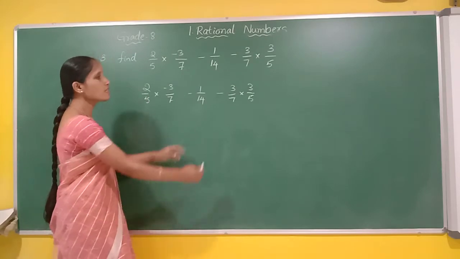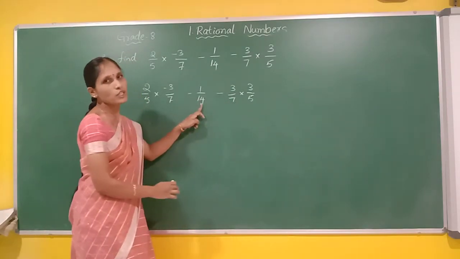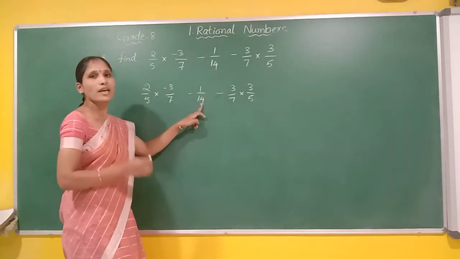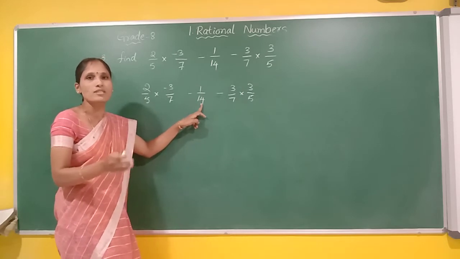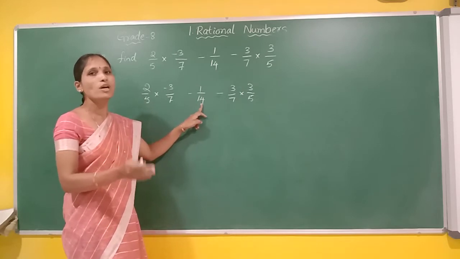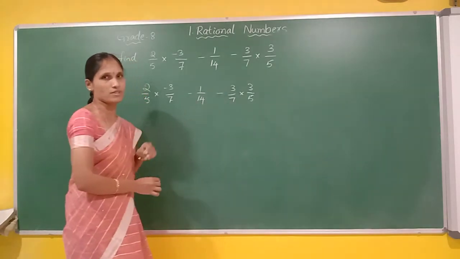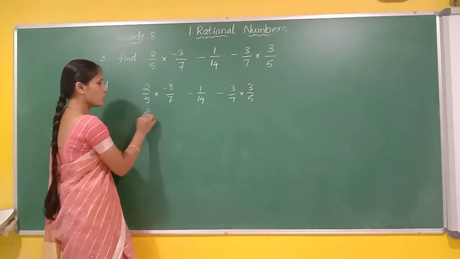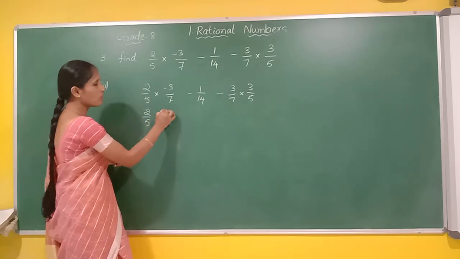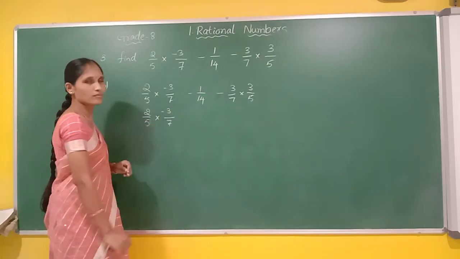First, we interchange these two terms using the commutative property. Commutative property: A dot B equal to B dot A, A plus B equal to B plus A. Using the commutative property, we interchange these two terms first. 2 by 5 into minus 3 by 7.